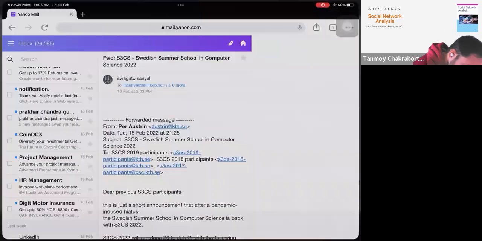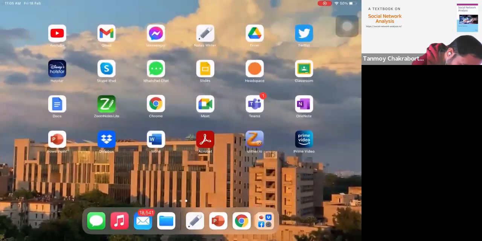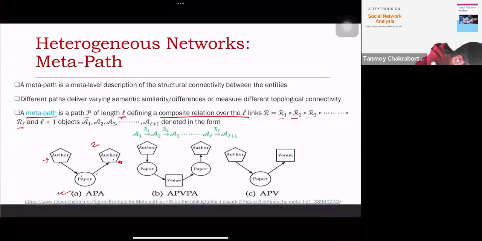So author writes paper, written by author. Okay, this is a metapath of length L.